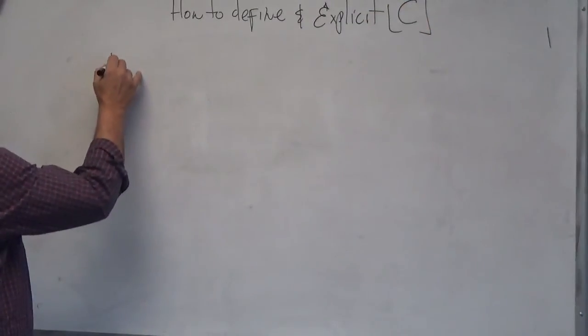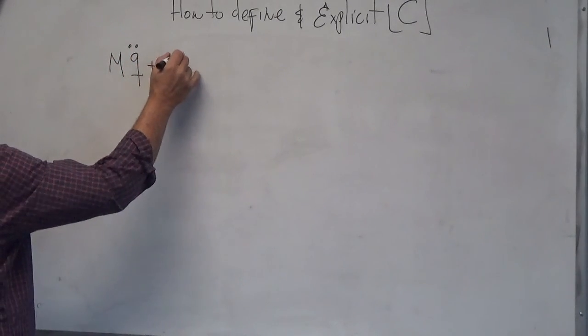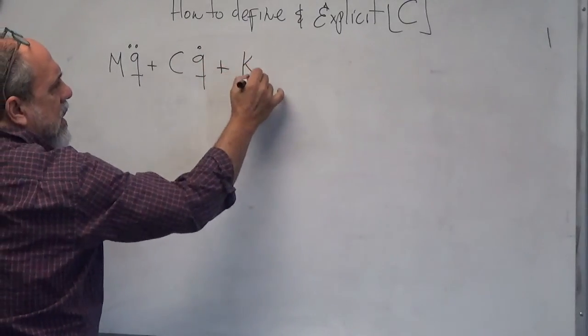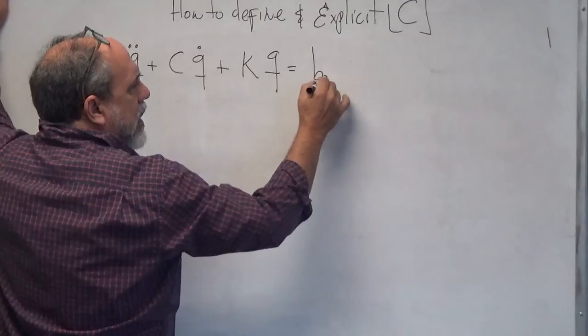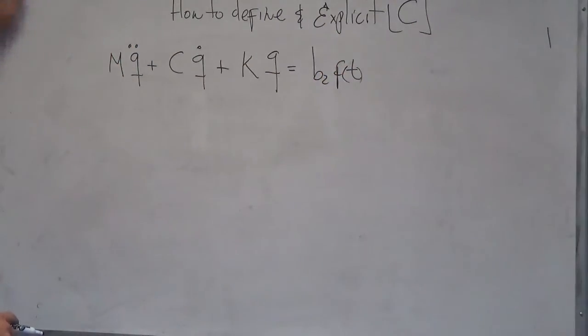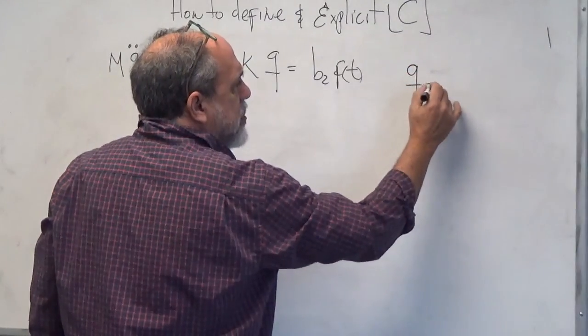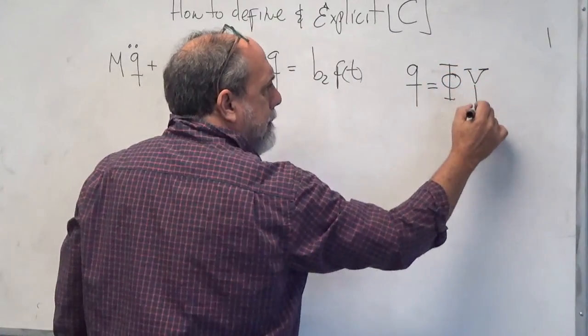Now, the equations of motion, I could jump a little bit ahead, but I'm not going to because I think this would be useful. If I start with the equations of motion like this, we've already seen that the modal substitution is this, right?